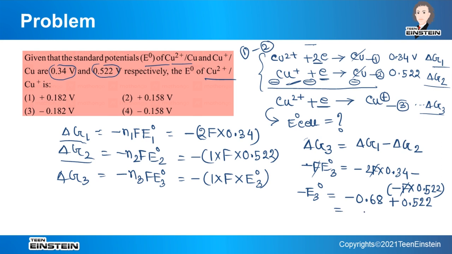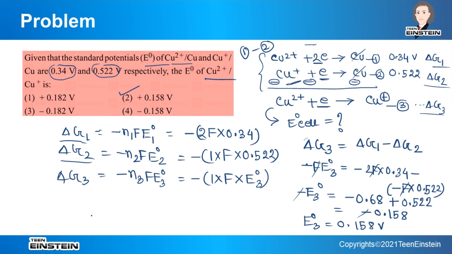So the value is minus 0.158, but minus minus will be cancelled. So ultimately E03 will be 0.158 volt. Okay, so in this way we can solve this question. So the correct option is this one.